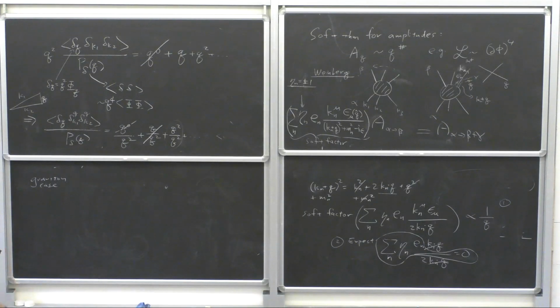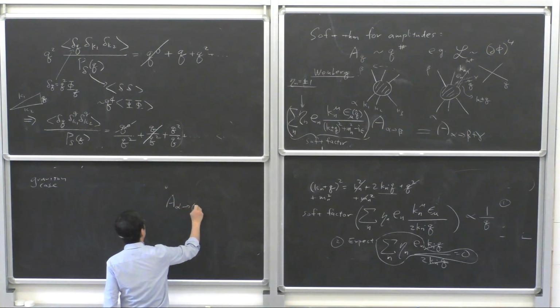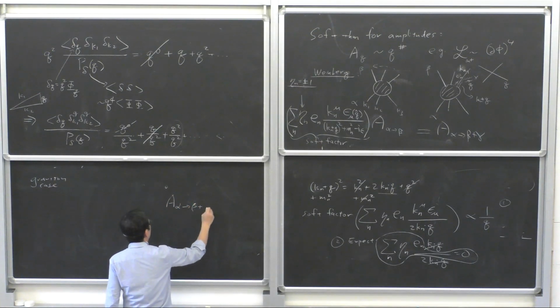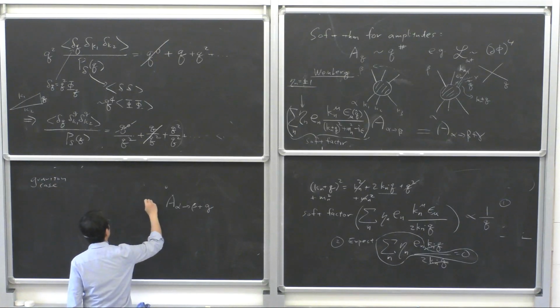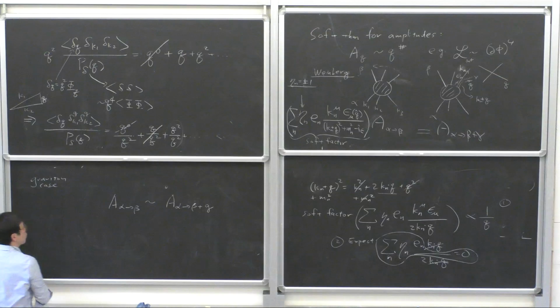I won't even bother drawing the diagrams again. It's basically the same over there. So you would say alpha to beta plus the graviton, let me call it G, has to be equal to this process times the soft factor.